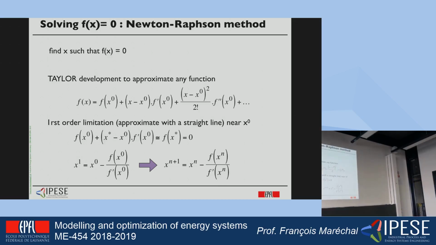I can always approximate a function by the Taylor development, which tells me that the value of a function is equal to the value of the function at a given point, plus the variation times the derivative, plus the second-order variation times the second derivative. And if I go to infinity, the function is represented by this polynomial.